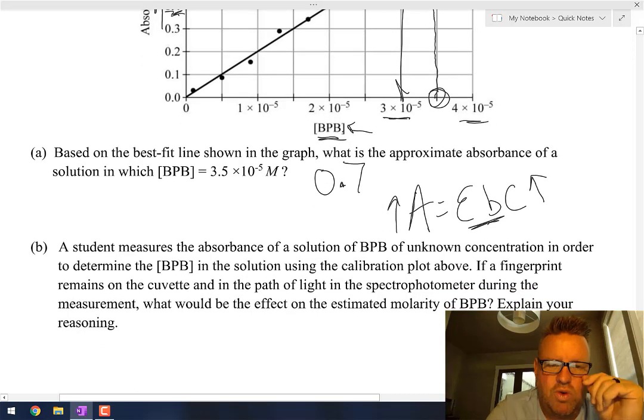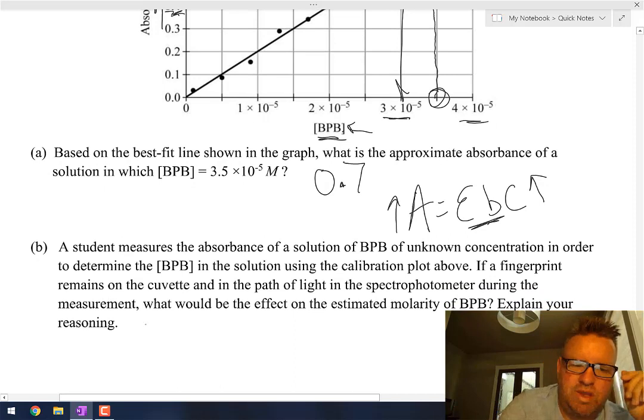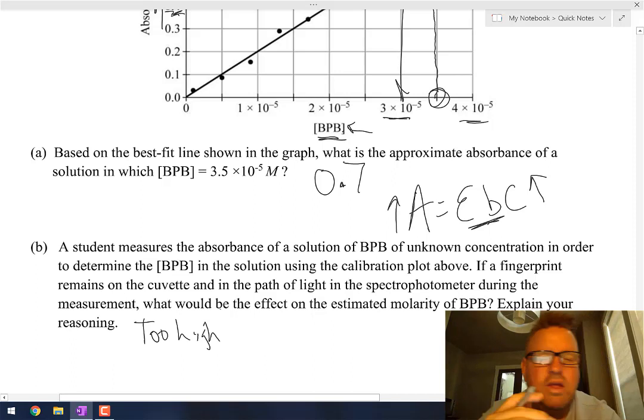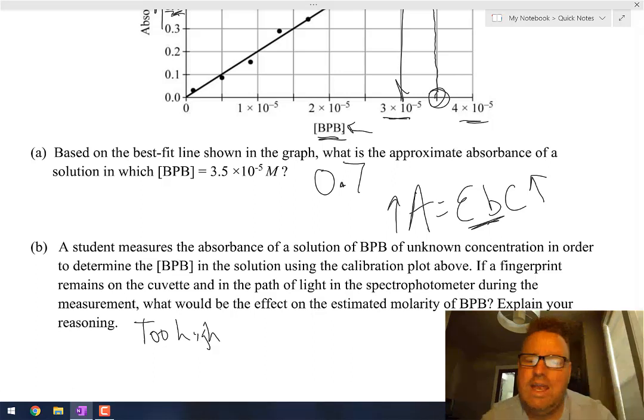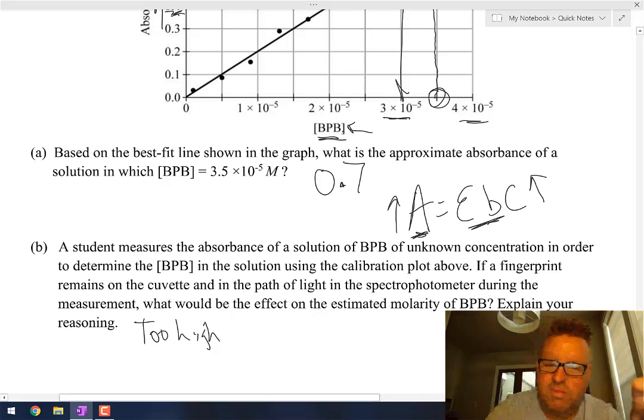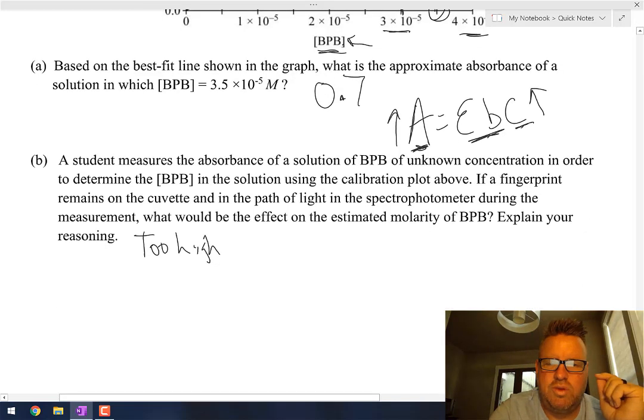So what would be the effect on the estimated molarity of BPB? It would be too high, or higher than it should be. And explain your reasoning: more light would get absorbed, hopefully you're writing this down, and if more light gets absorbed, if the absorbance is greater, then the concentration is also going to appear to be greater.